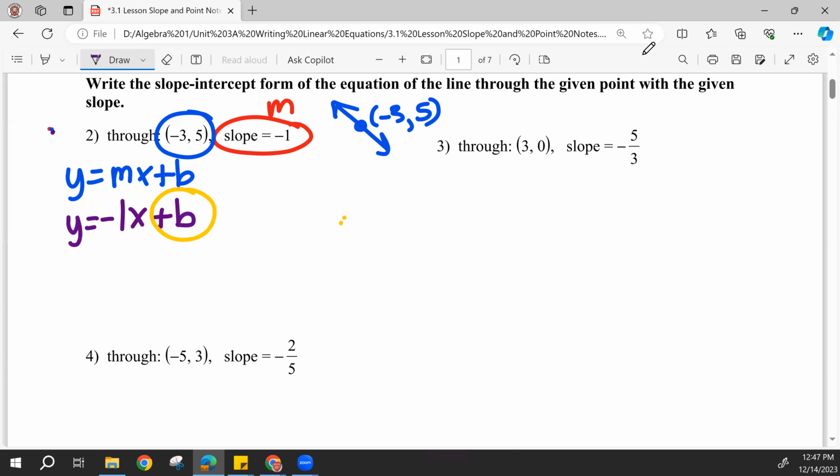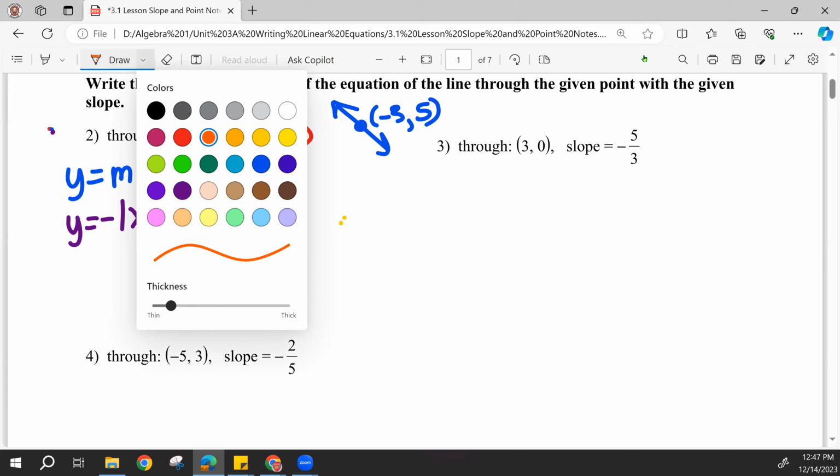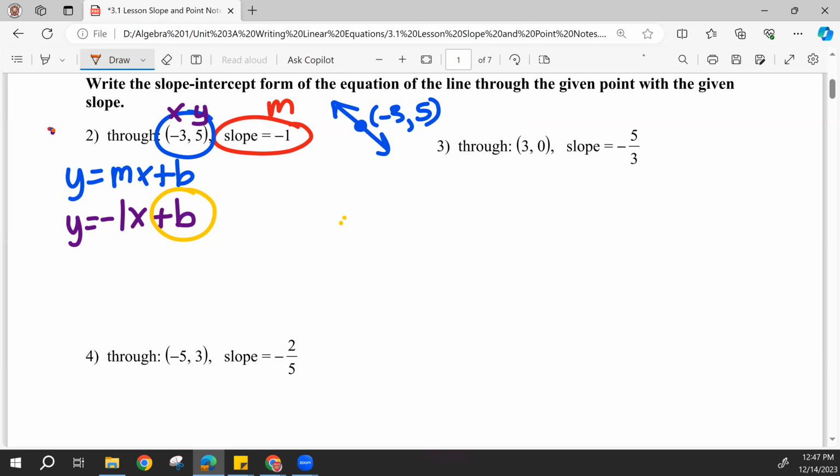Well, any point that a line goes through has an x and a y. And I should be able to plug the x and plug the y into my equation and make it a true equation. So in order to find b, I can plug in my x as -3, and I can plug in 5 for y.